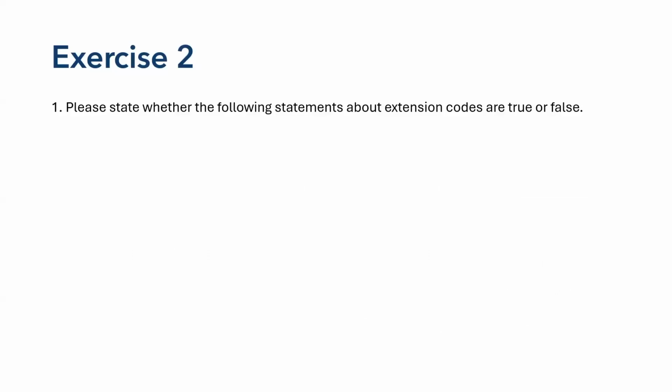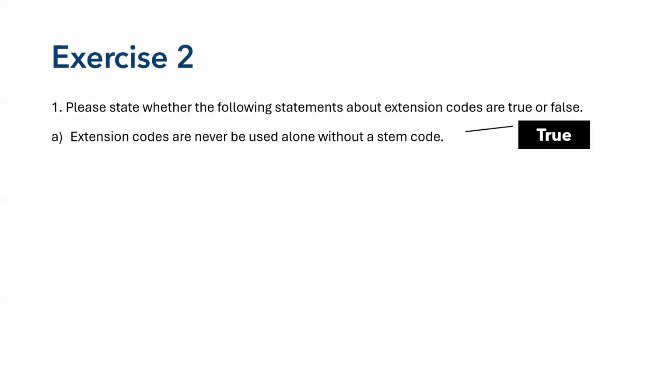Please state whether the following statements about extension codes are true or false. A. Extension codes are never used alone without a stem code. Is this true? Yes, it is true. Thank you very much for your responses. B. Extension codes can appear in the first position of a cluster.